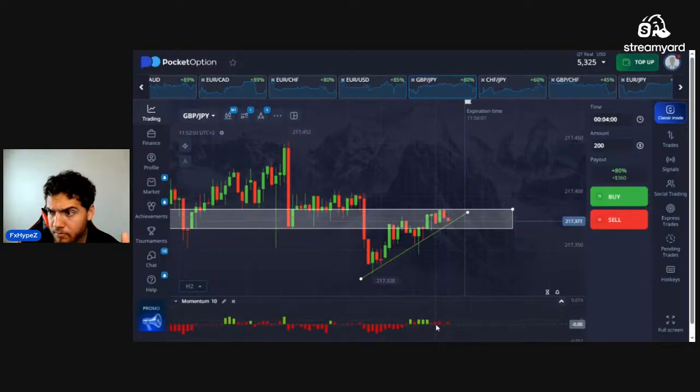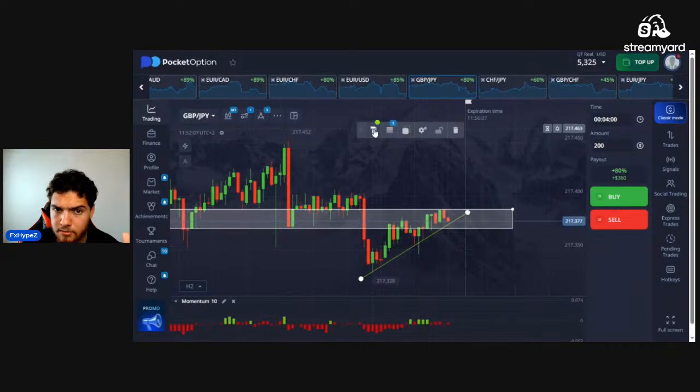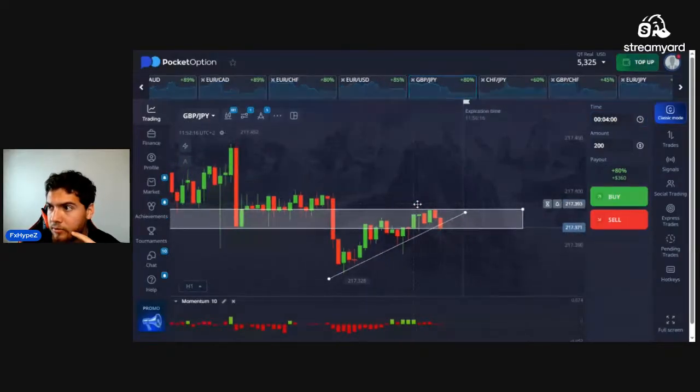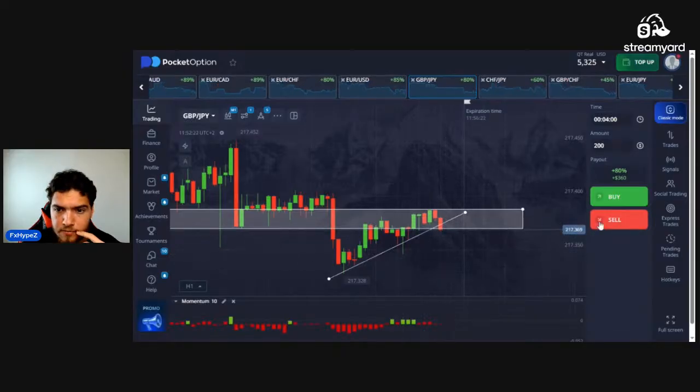Momentum is red. Okay, that's telling us that, hey, price is probably going to come down here. And I reckon we could get a firm trendline break here and a continuation to the downside.